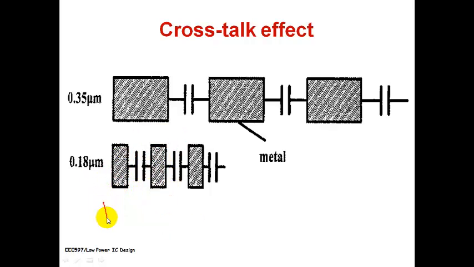This is why I call this an aggressor and this a victim wire. This could be a victim, affected by an aggressor on the left side and an aggressor on the right side also. If both are going in opposite directions, no problem, but if both are going in the same direction, this is going to be a real victim.